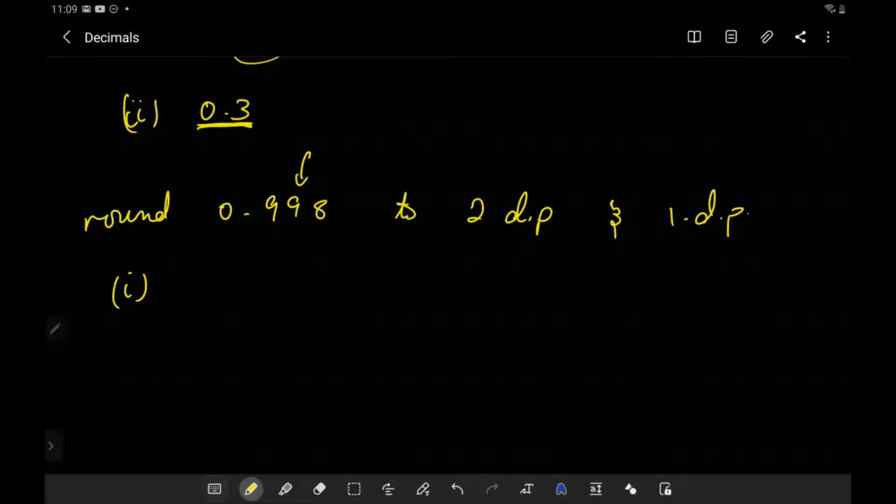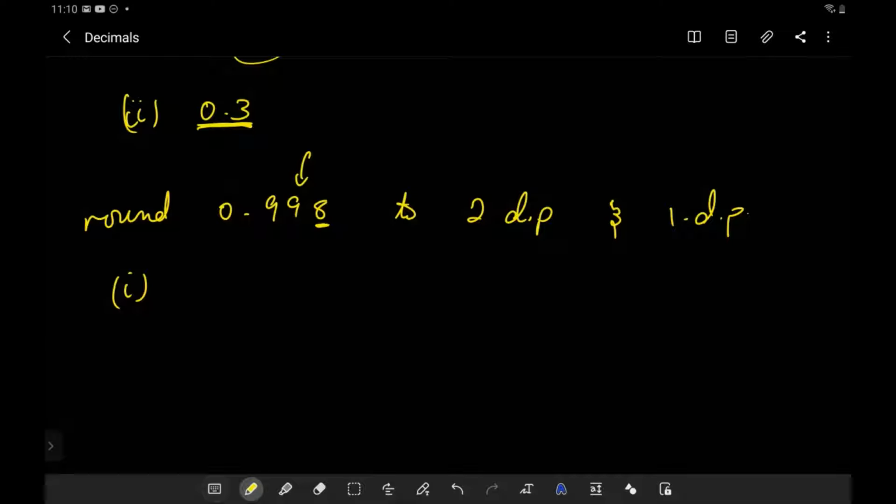I'm looking at the second 9. And the number that I'm interested in now is to see if this number is greater than or equal to 5. It's greater than 5. So what do I do to the 9? You just have to add 1 to it.